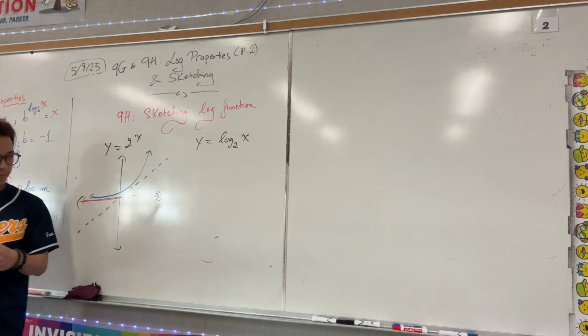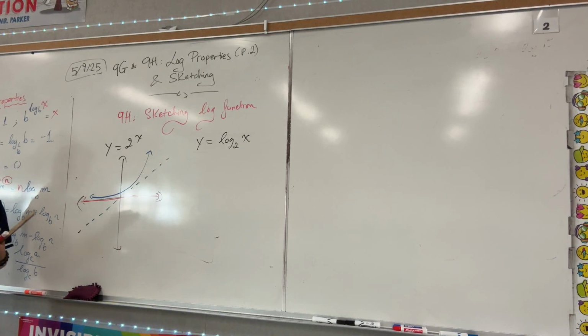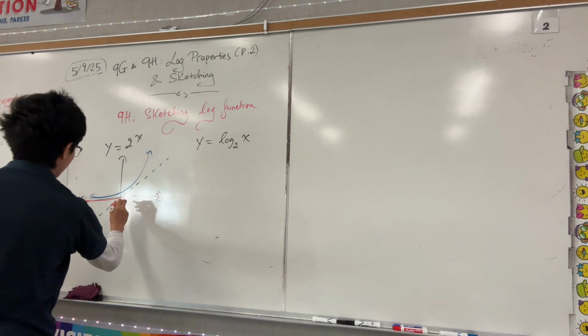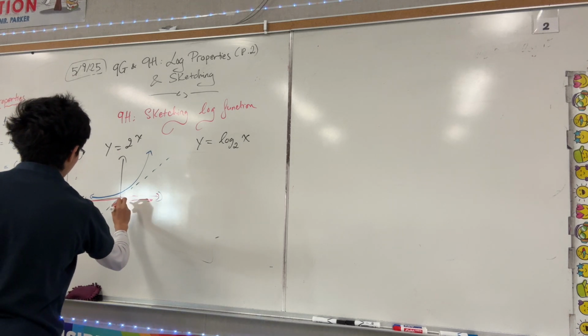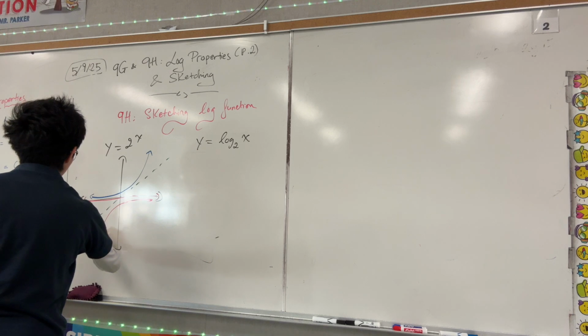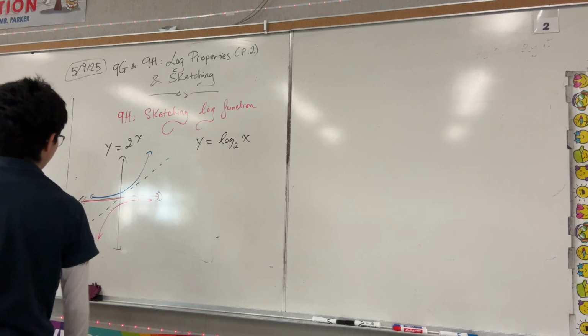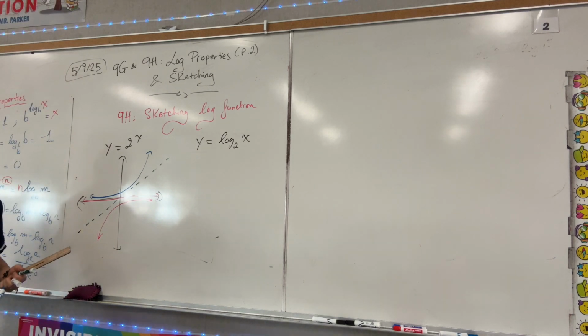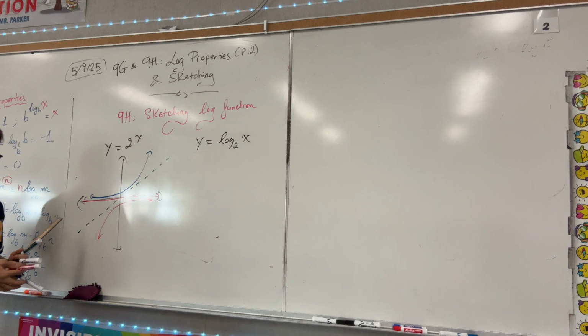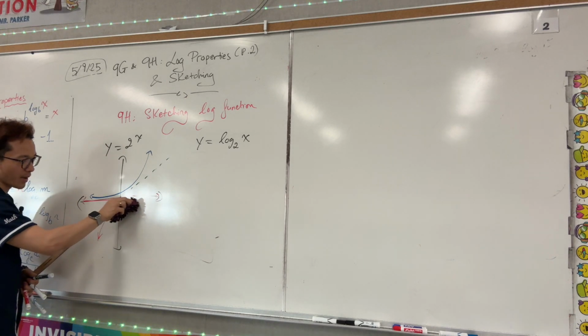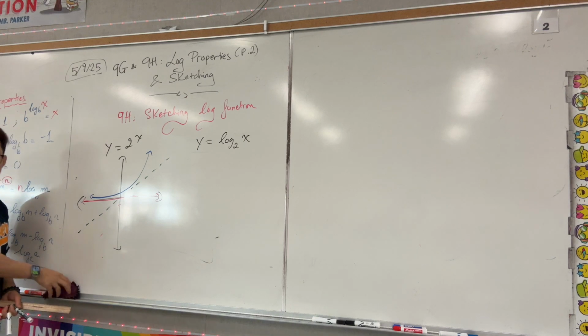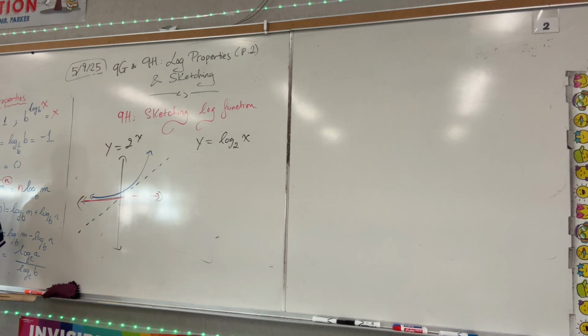Donovan? Let's give Donovan 1 point. It's not correct. Who else? That's fine. We're trying. We're learning. Who wants to give a shot? Evan? Anyone?